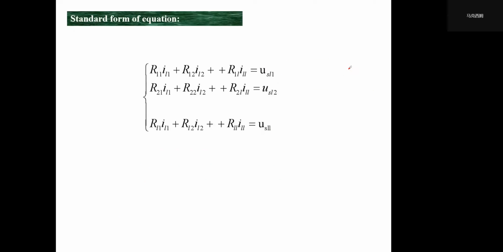And also, we know that we can list it like this. On the right side are all the sources we have learned, and on the left side is the consumer.